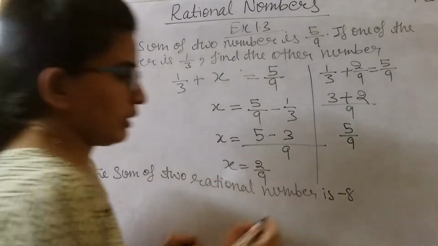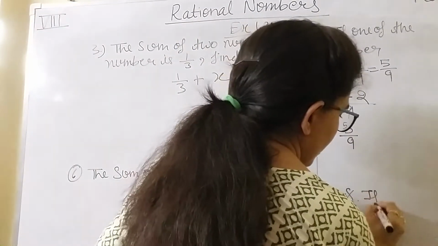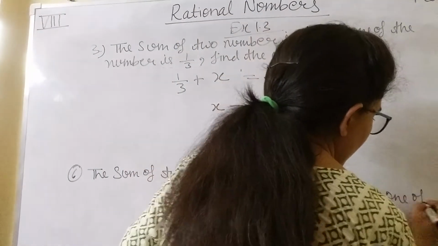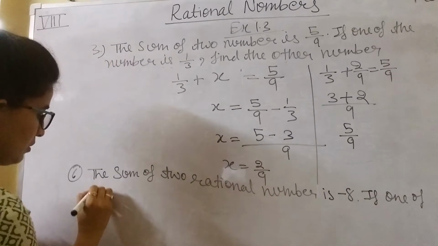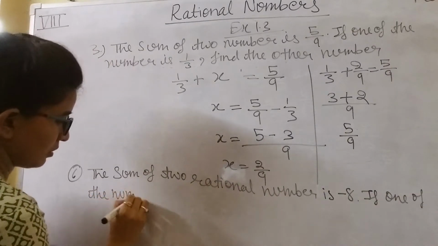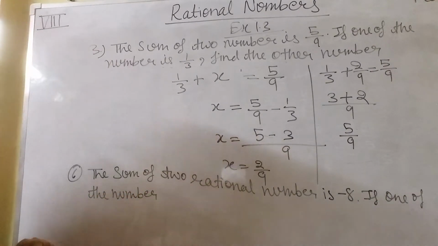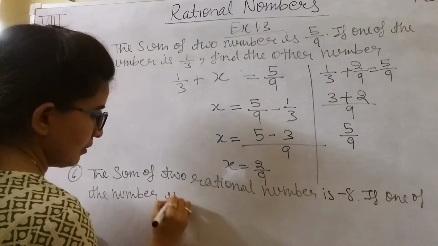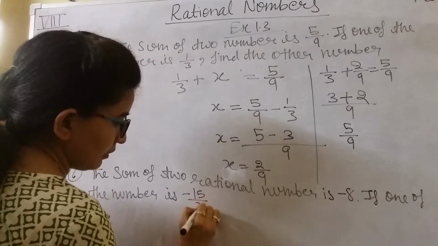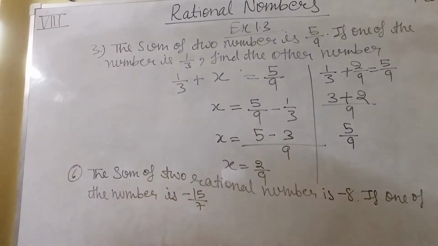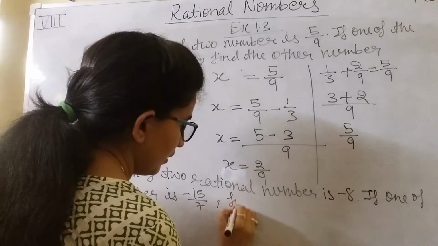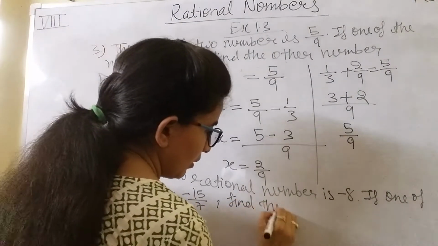If one of the numbers is minus 15 upon 7, find the other.